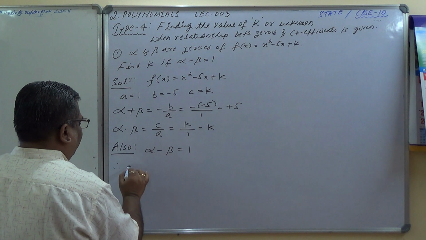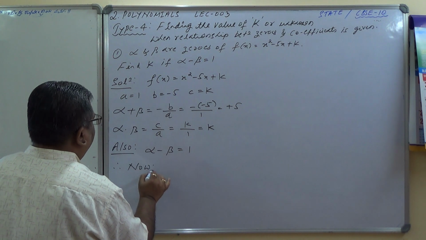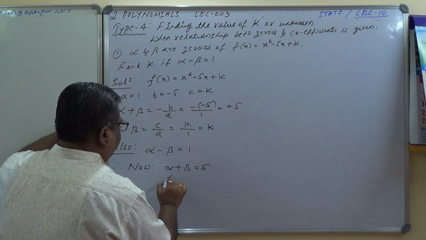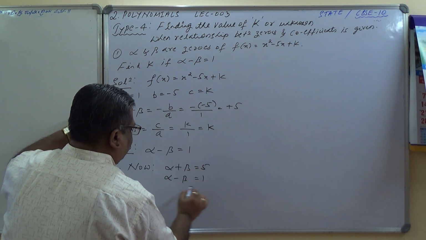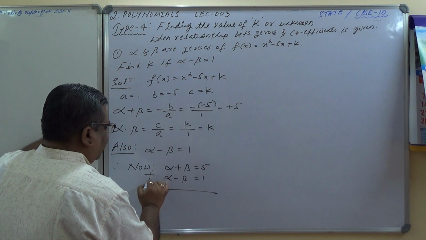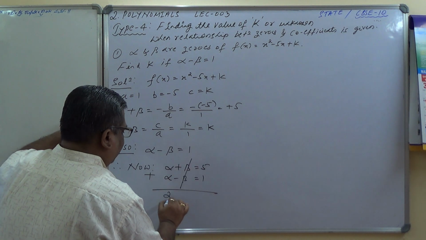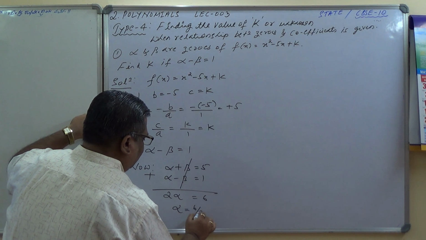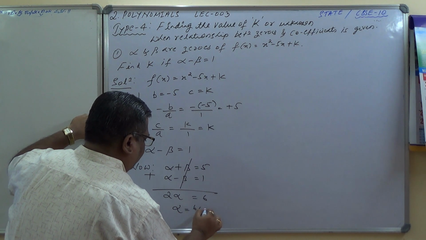Now, alpha plus beta equals 5, alpha minus beta equals 1. By addition, these two will cancel. 2 alpha equals 6. Therefore, alpha equals 6 by 2, which is 3.